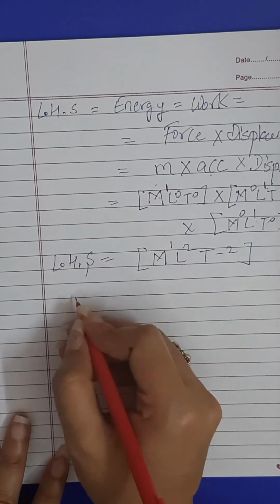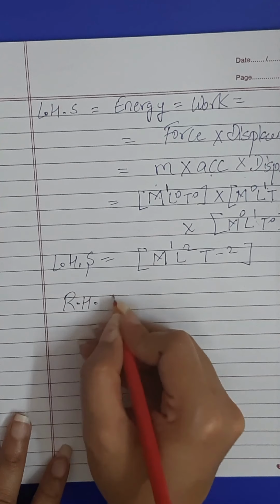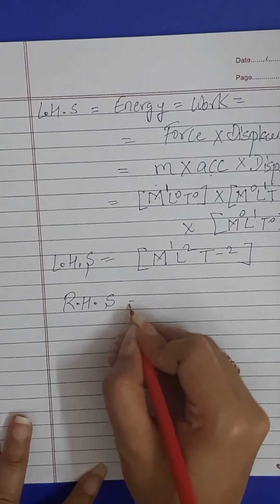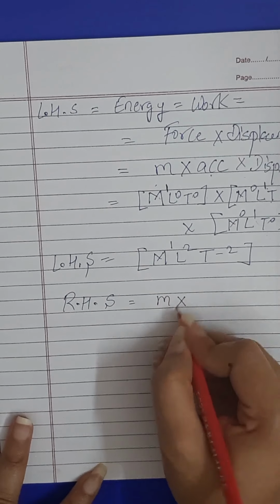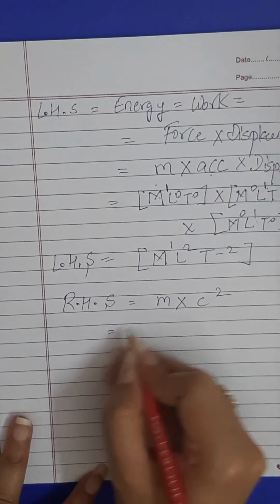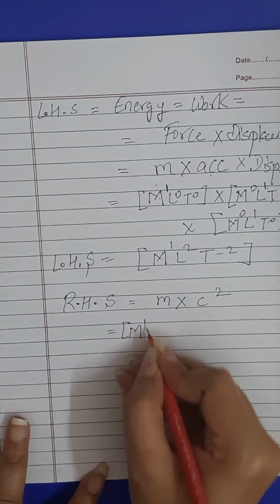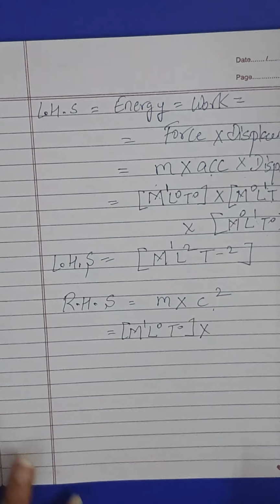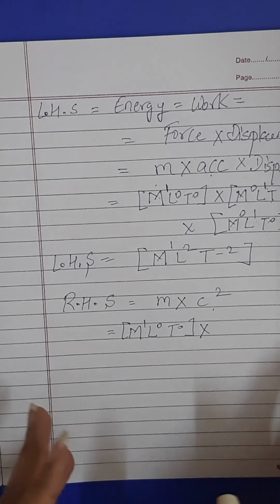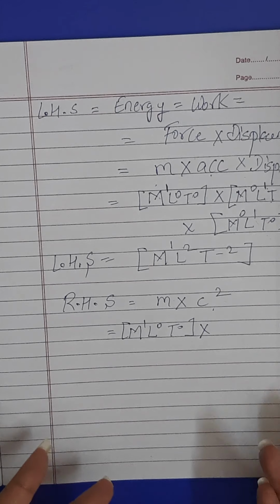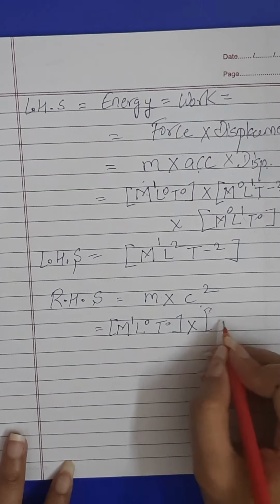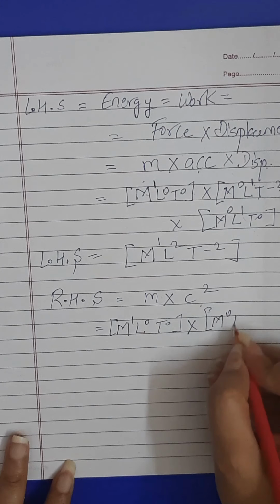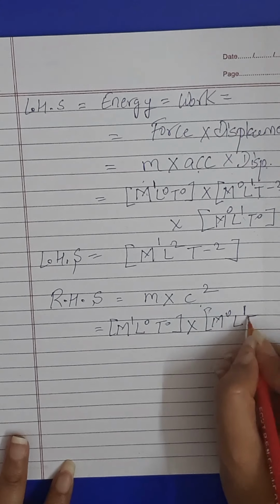Now we will move to the RHS. So when we talk about RHS, we have m into c square. So for m, which is mass, we have M1, L0, T0. C is the speed of light, be it any speed. The unit is going to be meter per second. Likewise, the dimension is going to be for meter L1 per second.